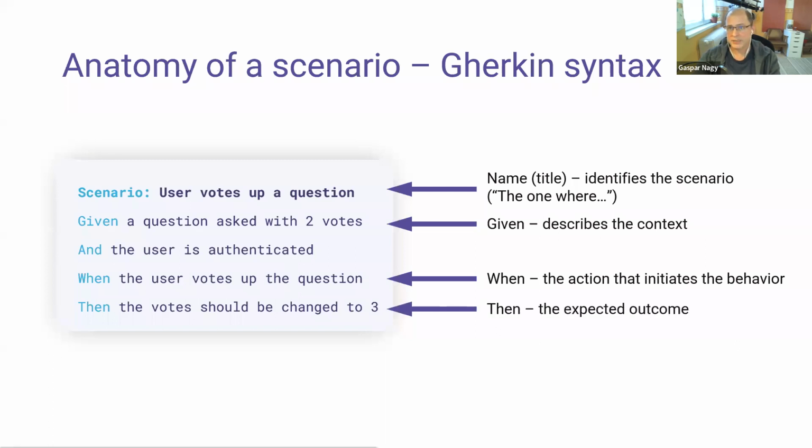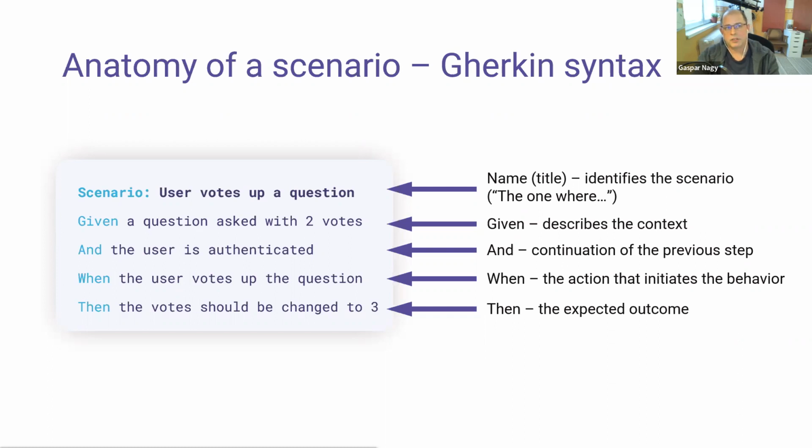And we have then steps that are listing the expected outcome, so the verification part of the scenario. And of course, right now, we have two steps that are describing the context, and we are just combining these two given steps with an and keyword, which is basically just a continuation of the previous step. So that's basically a basic overview of a scenario.